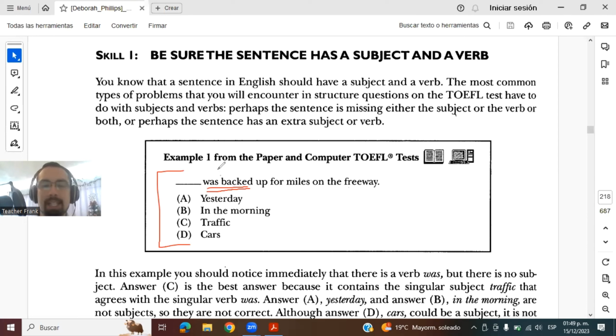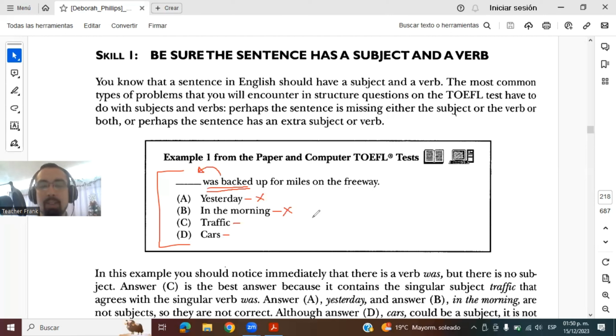So what is necessary in this case? We need a subject, right? We need someone or something to do the action, or in this case, it's passive voice, to be affected by the action. So we have yesterday, in the morning, traffic, or cars. Well, first, yesterday and in the morning are time adverbials or just complementary information.